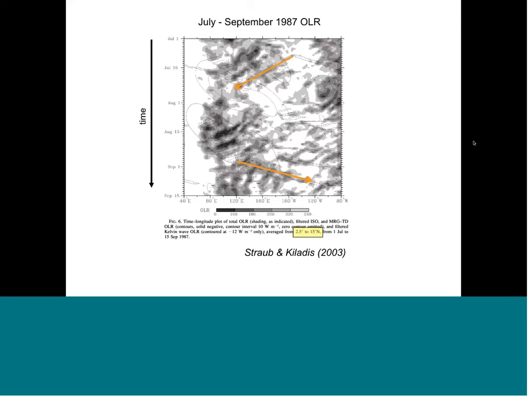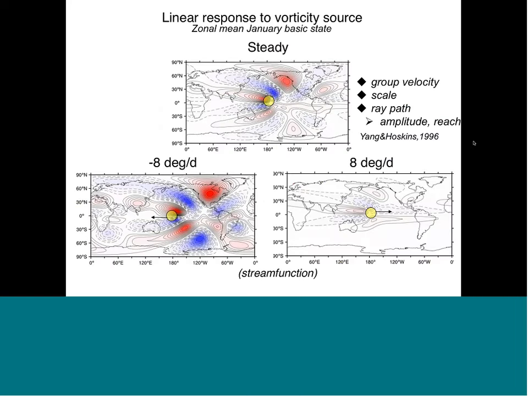And so if one looks at linear theory on the next slide and asks the linearized barotropic vorticity equation, can moving forcing anomalies on the equator affect mid-latitudes, we find the answer is yes.